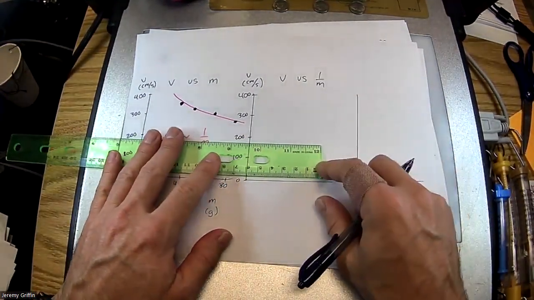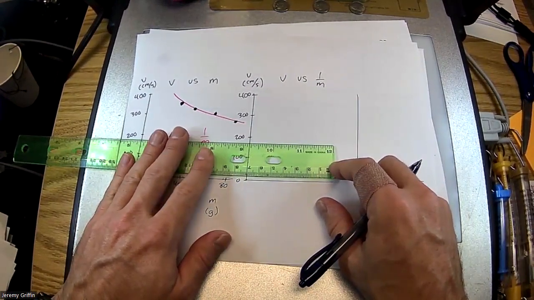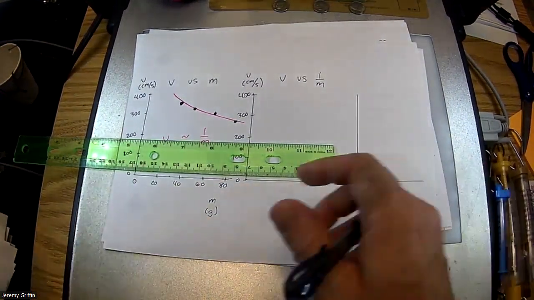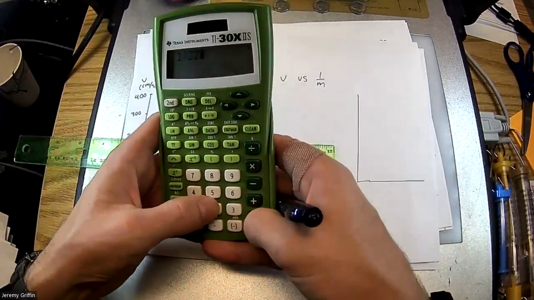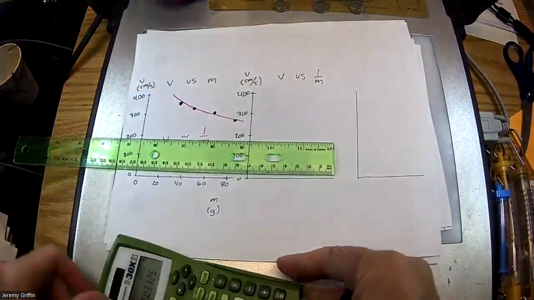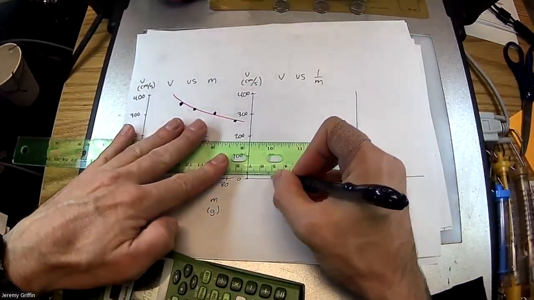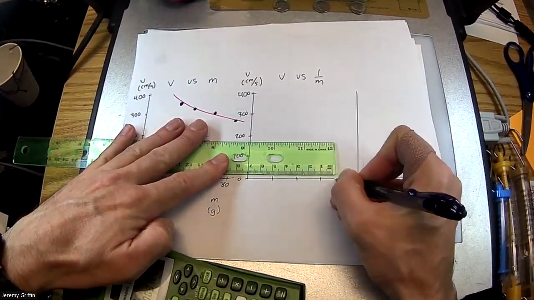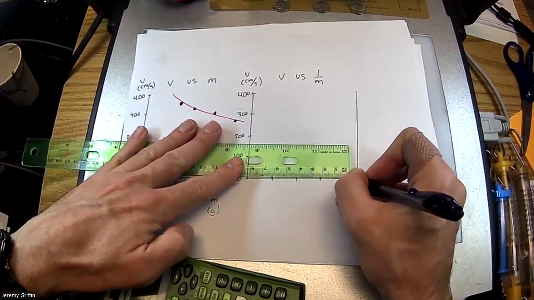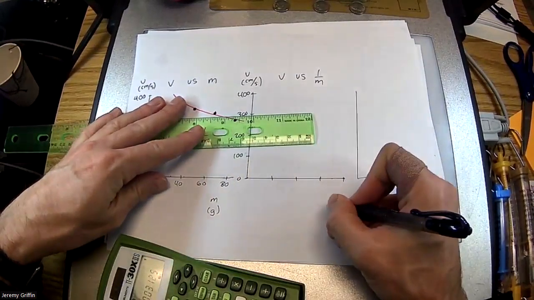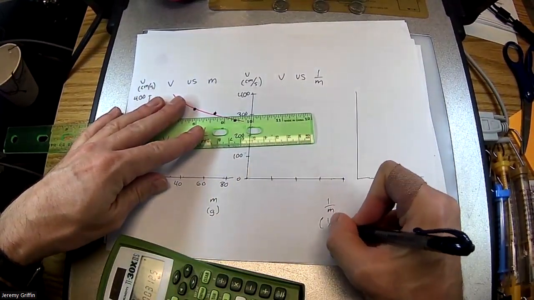What's your largest reciprocal mass? 1 over 42. Okay, let's see what that comes out to. It's like 0.03 something. So 0.01, 0.02, 0.03, and then maybe like 0.04. So 1 over the mass, in 1 over grams.